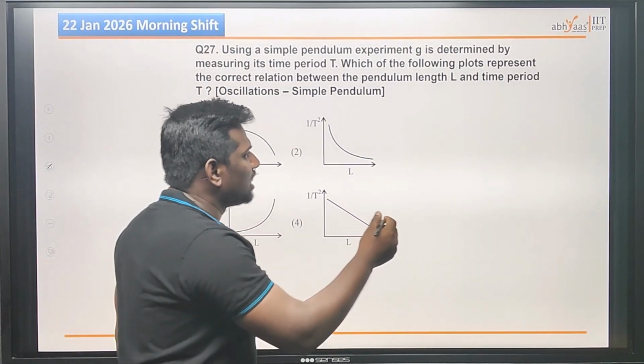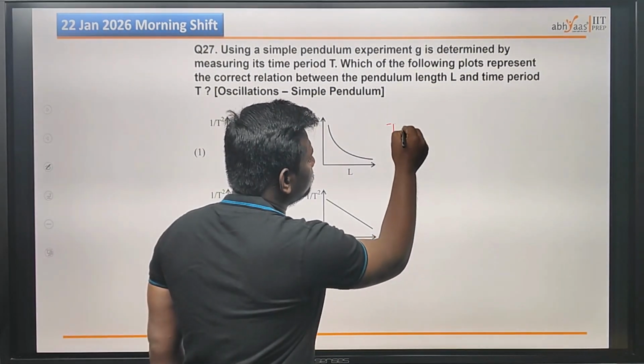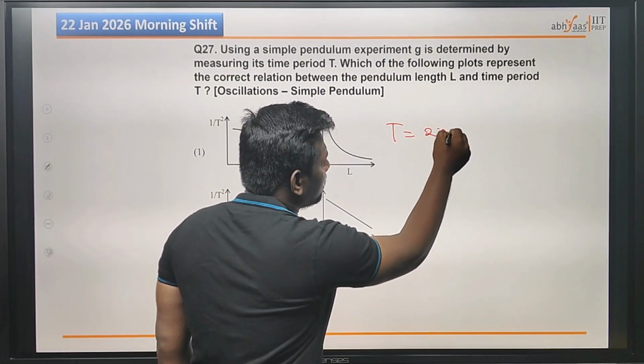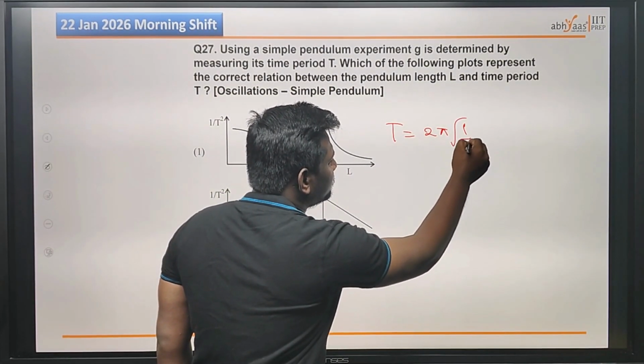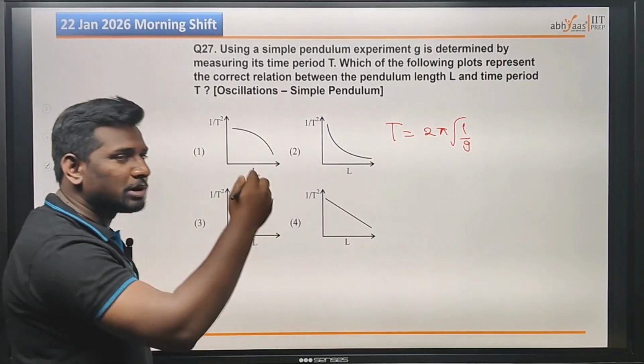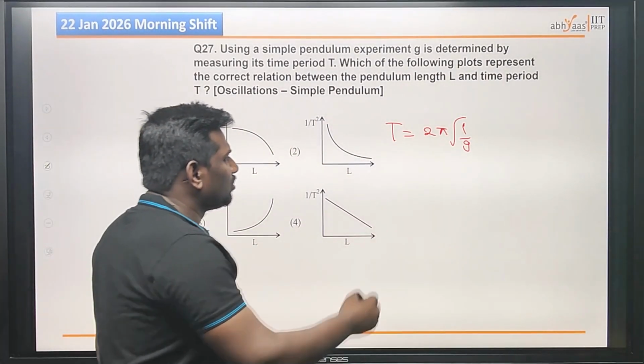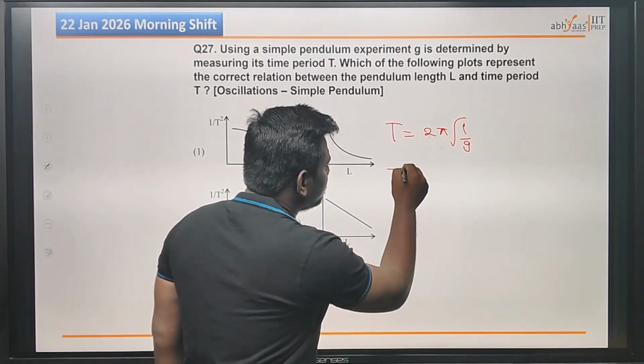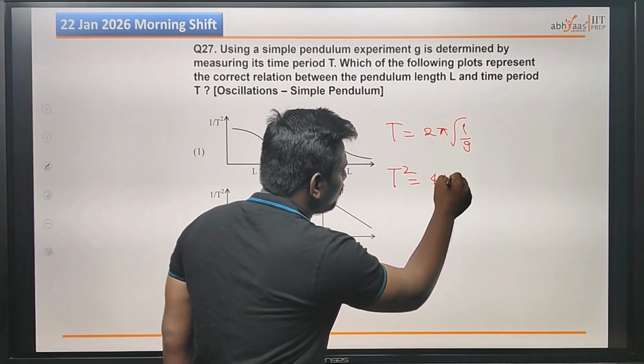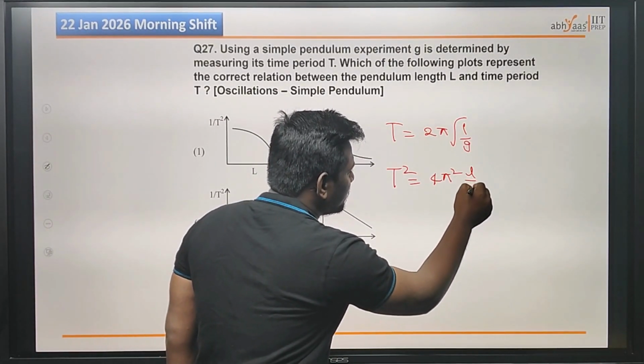So we know that time period T equals 2 pi under root L by g. What they are asking is 1 by T square. T square is nothing but 4 pi square L by g.